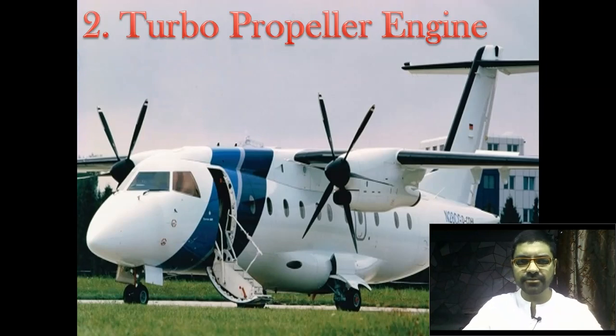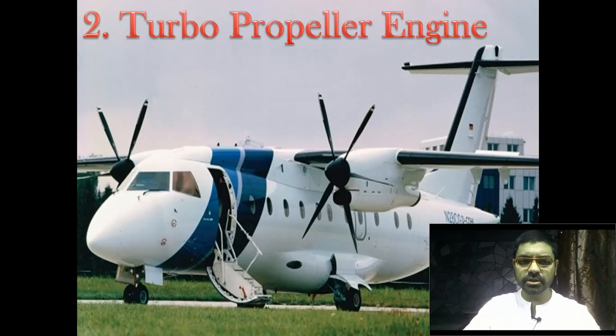Next we have another propeller engine, but it is called a turboprop. This is a small aircraft used on small domestic routes, such as within the state or interstate. It would be hardly 70 seater to 100 seater aircraft.